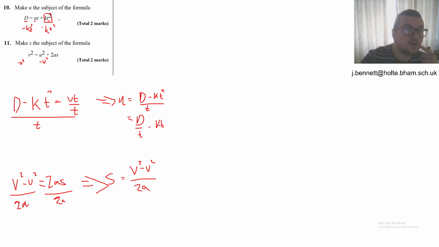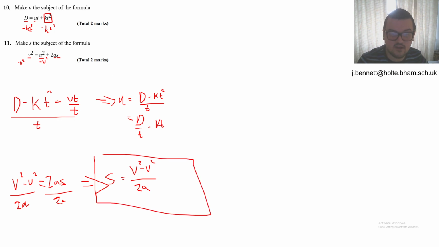Oh, I was under the impression that that was acceleration, but apparently not. Okay. And the second one, this is the end speed, this is the initial speed, a is acceleration, and s is distance, so you use that to find one of the unknown variables. But, like I say, just ignore that. Just focus on these answers.